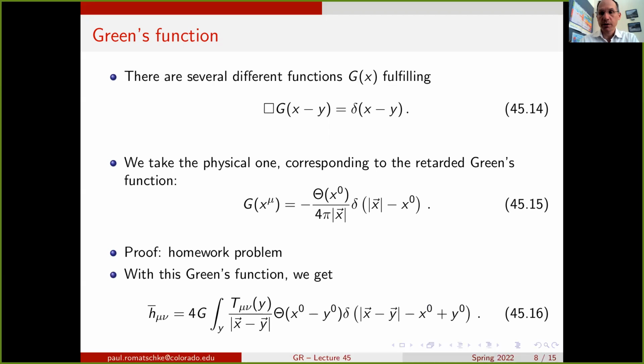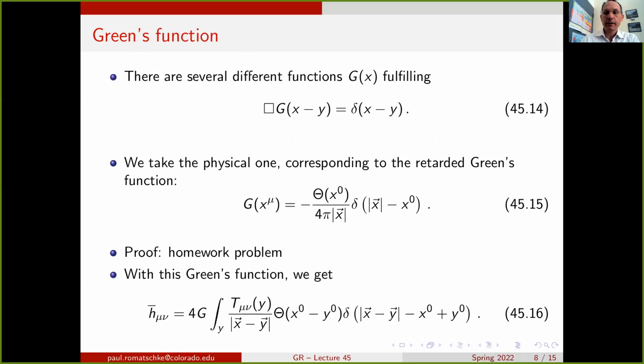Once we have this specific form of the Green's function, we can plug it into our solution and find that the gravitational wave strain rate h is given as an integral over this complicated function, which we'll simplify in the following slides.